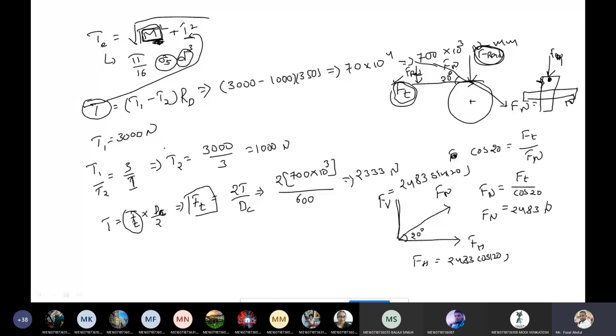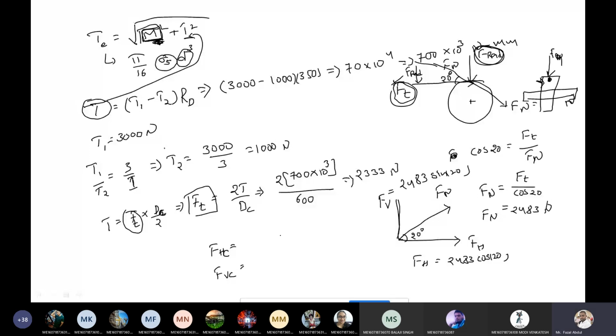Cos 20 is the horizontal and sin 20 is the vertical load. Now tell me the vertical load and horizontal load values at C point.